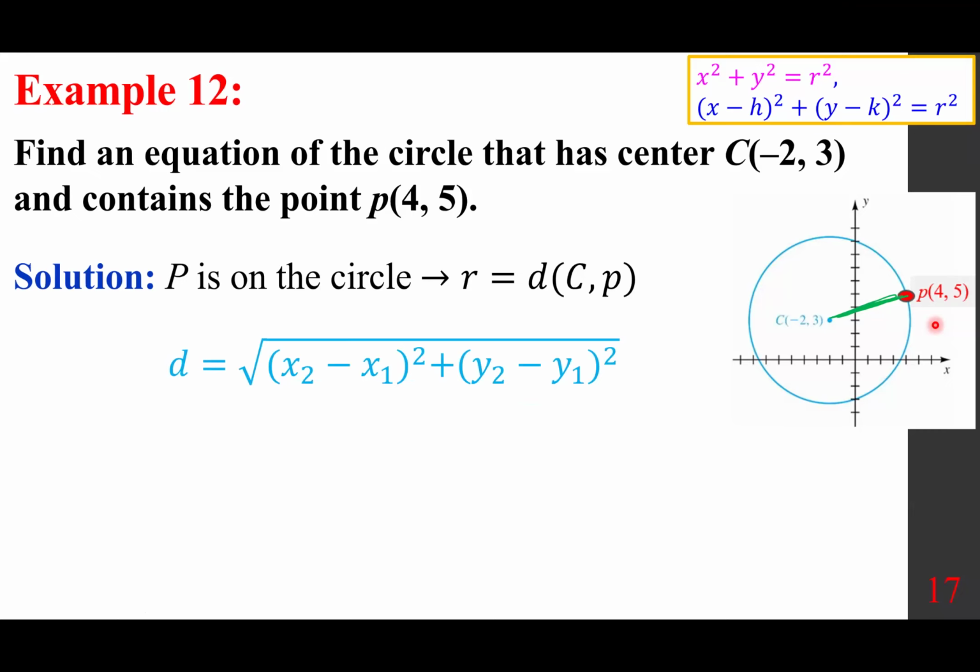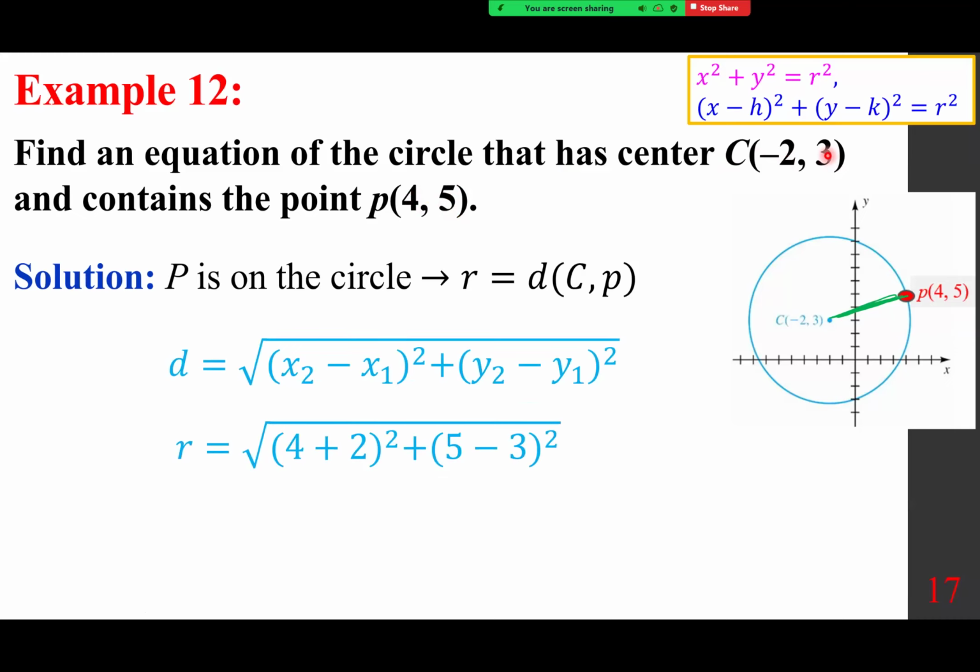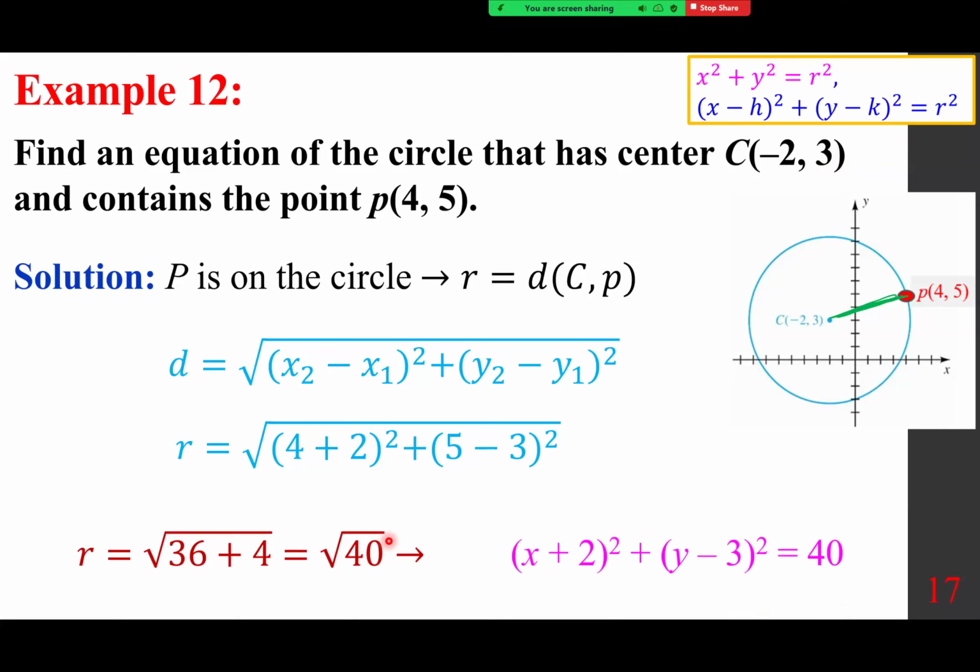So we are going to say 4 minus minus 2, that means plus 2 quantity squared, plus 5 minus 3 quantity squared, and 4 and 2 is 6, squared is 36, 5 minus 3, 2 squared is 4. So we get square root of 40. And remember, since we want r squared, r squared is 40. So we're going to say x plus 2 quantity squared plus y minus 3 quantity squared equals r squared, which is 40. And we're done.